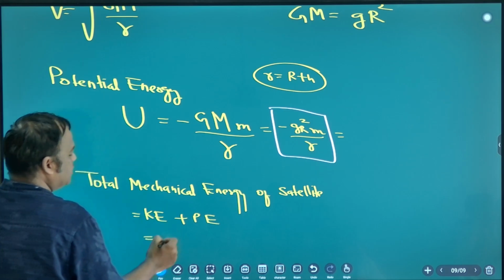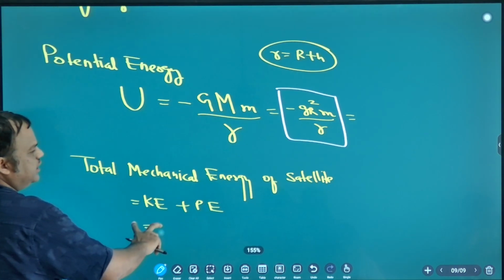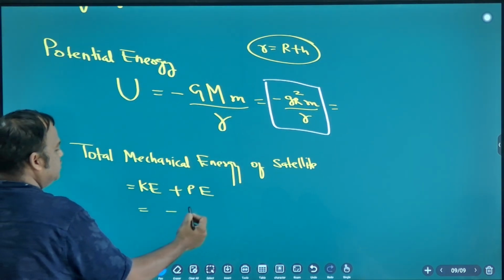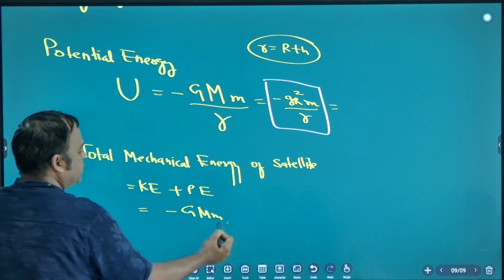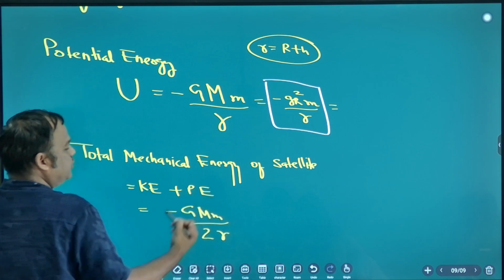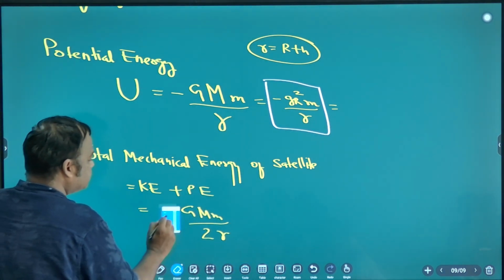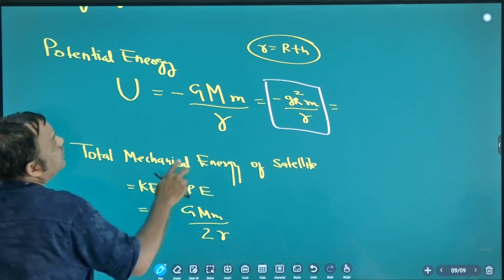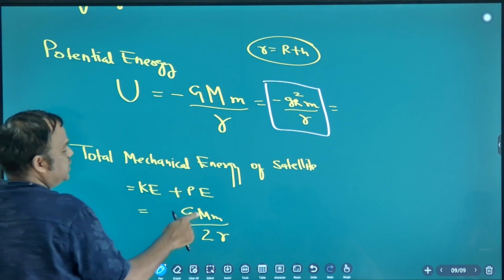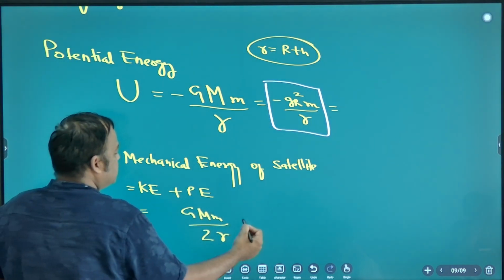What is the formula for kinetic energy? Satellite, plus GMm by 2r. What is the formula of potential energy?